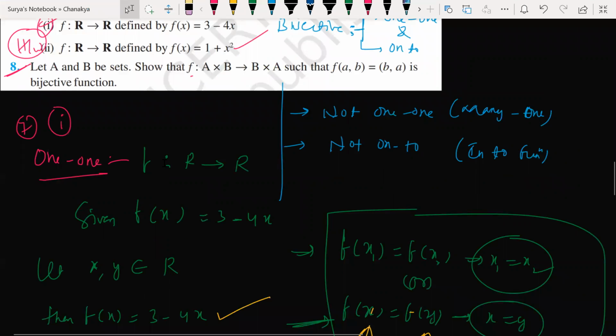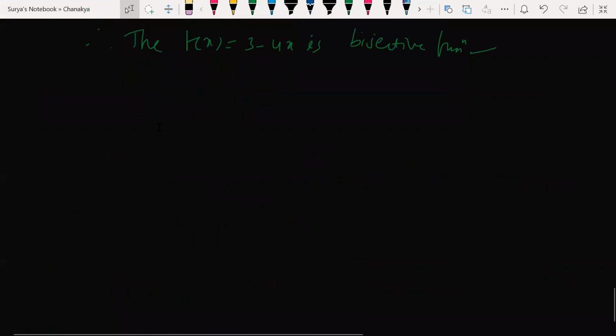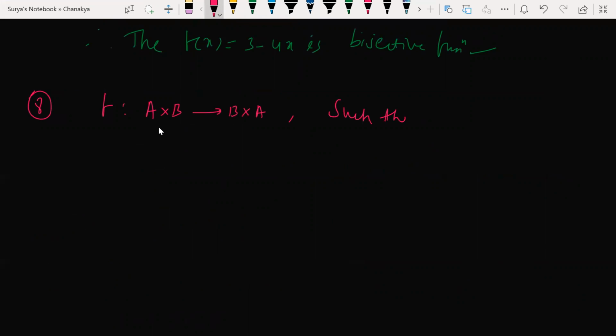Let me give a basic idea of how we have to think for this type of question. Eighth question, right? What he has given here: the function is mapping from A cross B to B cross A, such that f of A comma B is equal to B comma A, and it is a bijective function.